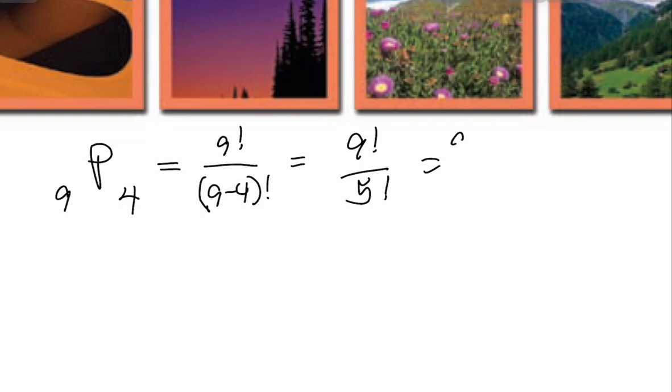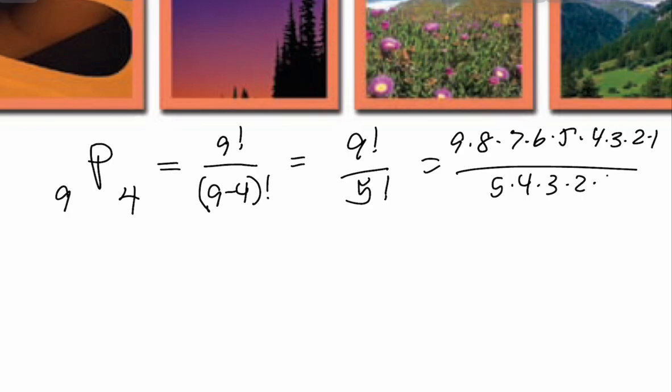Think about the fact this is 9 times 8 times 7 times 6 times 5 times 4 times 3 and 2 and 1. 5 factorial is 5 times 4 times 3 times 2 times 1. Mathematically speaking, that's division. We can divide off the 5 and the 4 and the 3 and the 2 and the 1. We are left with 9876.